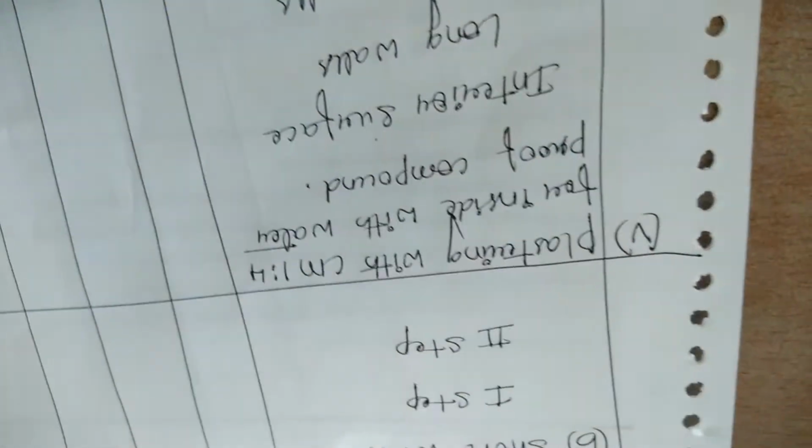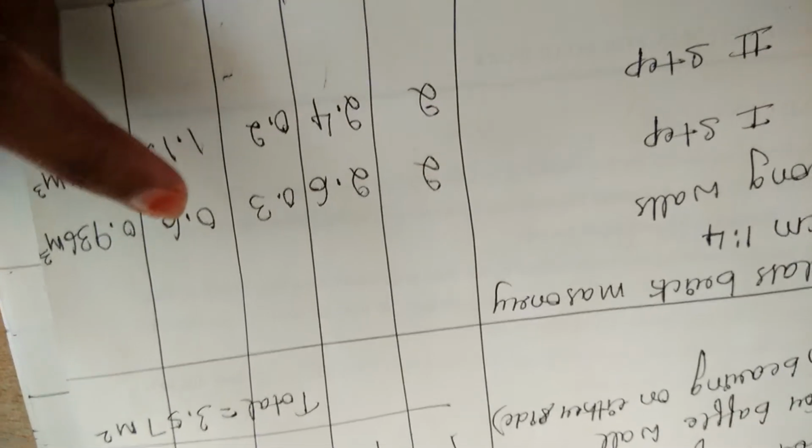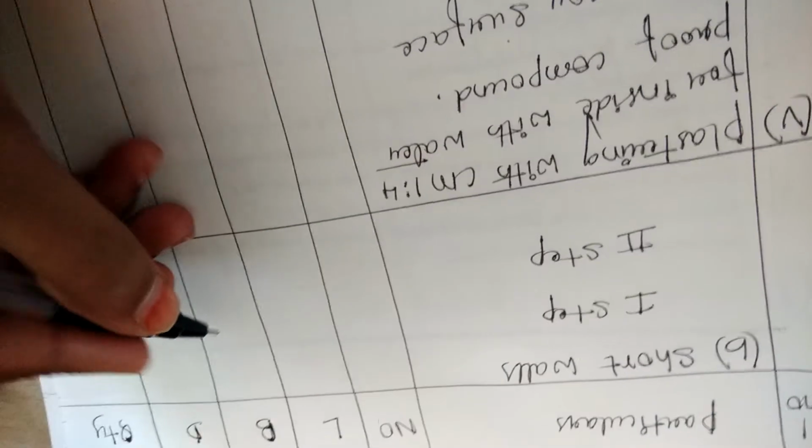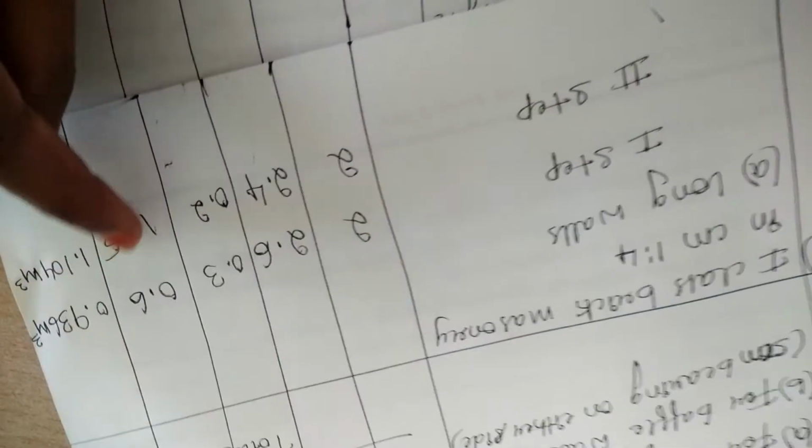So whatever the depth of steps you have found in the earlier step, you just copy down. The depth for the first step is 0.6. I will be writing the same value here. In front of first step, the depth is 0.6. Don't need to find again. Then for the second step, the depth is 1.15. So I will just write the value here, 1.15 for the second step.